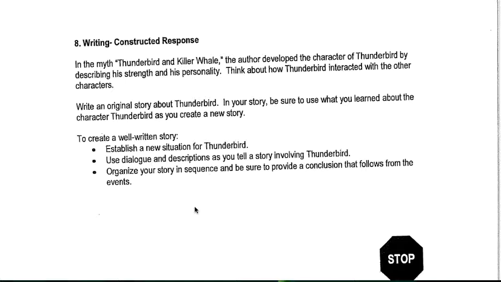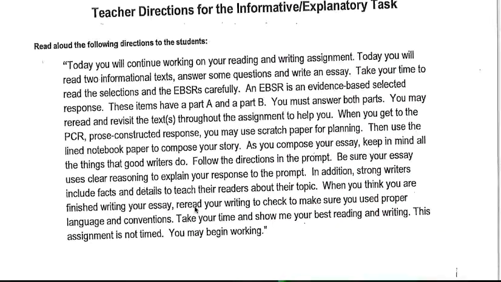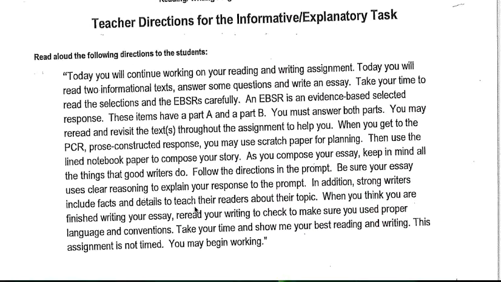So I'll get a chance to do that later. What I wanted to do is go ahead and go over your teaching directions for the informative explanatory text.